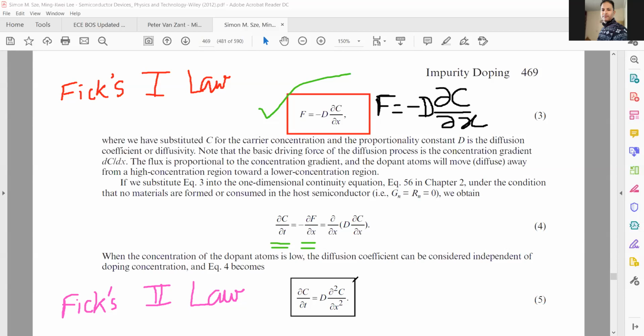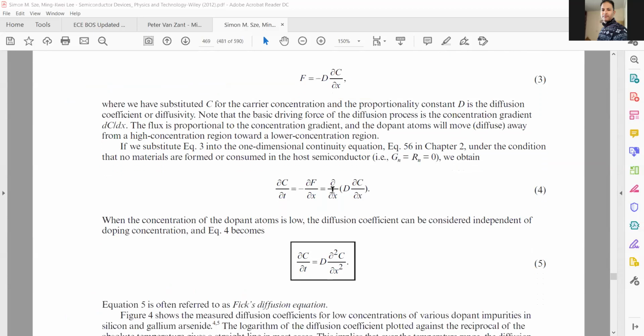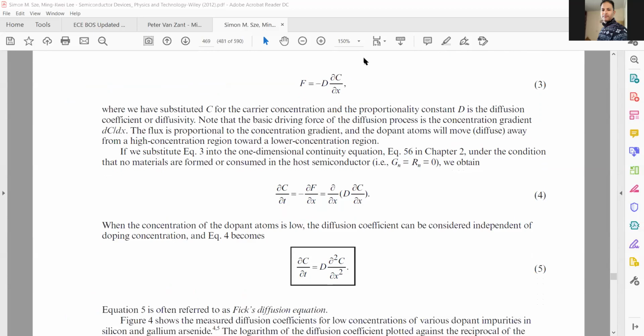Okay, so let me save this screen and let us go to the next page. You have to keep these equations in mind, learn their derivation well, and understand the physical implication of these diffusion equations given by Fick.